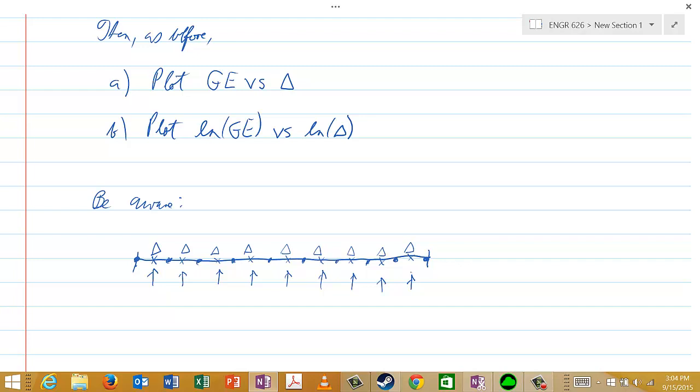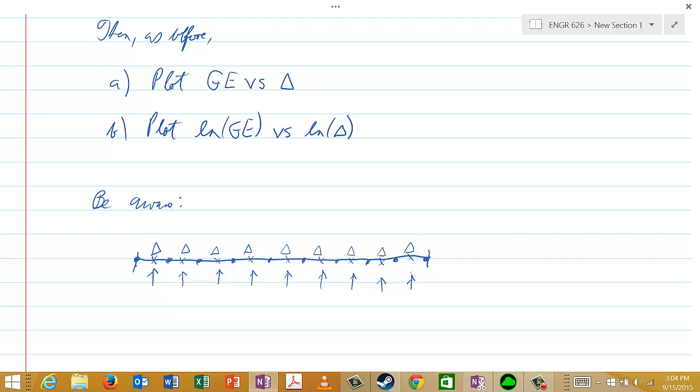But I think an easier way is just, when you go to calculate the Richardson extrapolate, and in fact this is not just easier, but I think this is the best thing to do. In fact, let's say it's definitely the thing to do, because when we plot the Richardson extrapolate as a function of delta, we want to use that original delta.